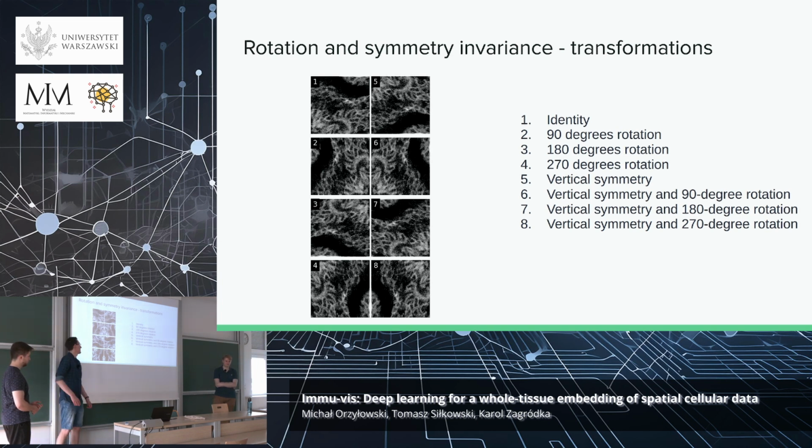You can see that we focused on 8 transformations, which form a symmetry group of the square, which can be formally denoted as the dihedral group D4, and they are generated as follows. We start from identity, some initial patch, then we generate 3 rotations of this patch.